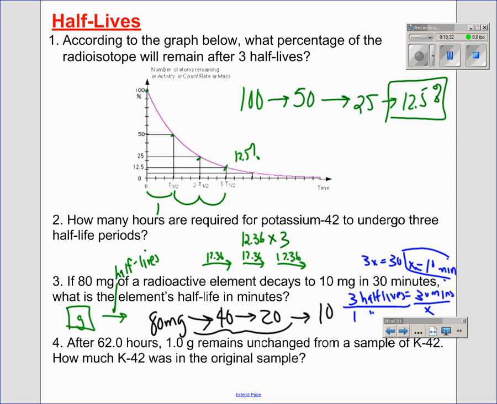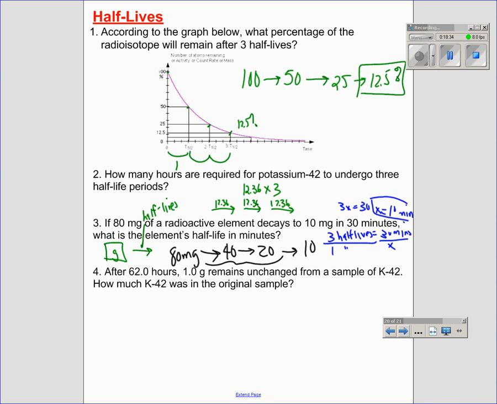Okay, last question. After 62 hours have gone by, 1 gram remains unchanged. So we're at the end. We have 1 gram of a sample of K42. How much K42 was in the original sample? Well, we know that K42 has a half-life of 12.36 hours.